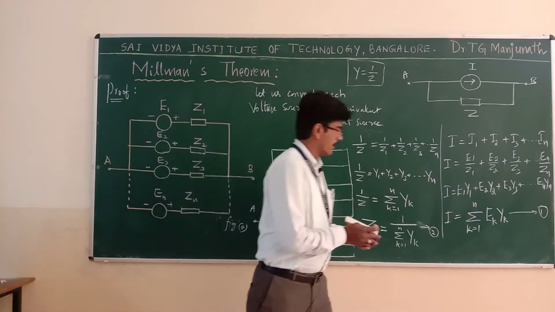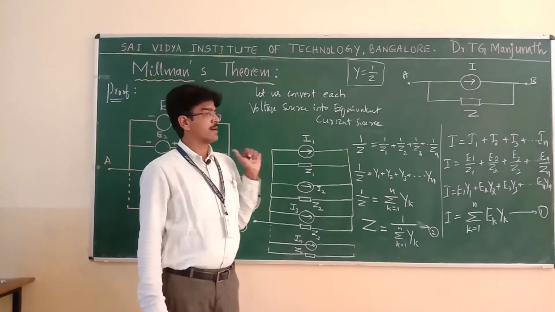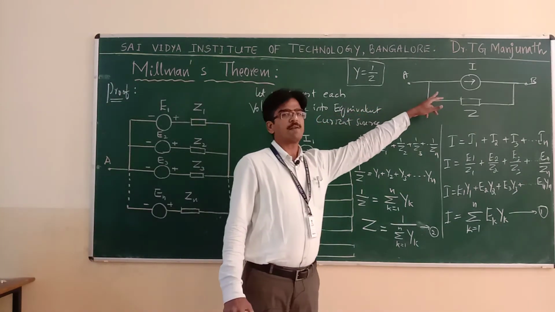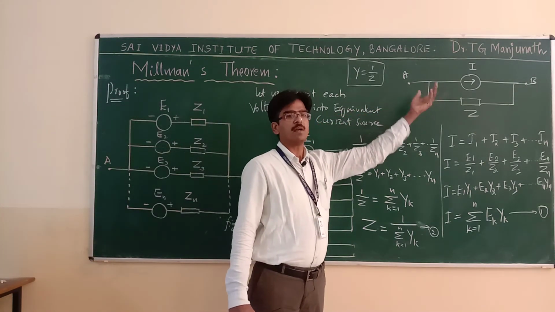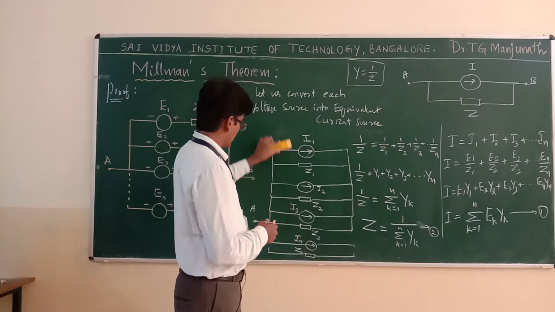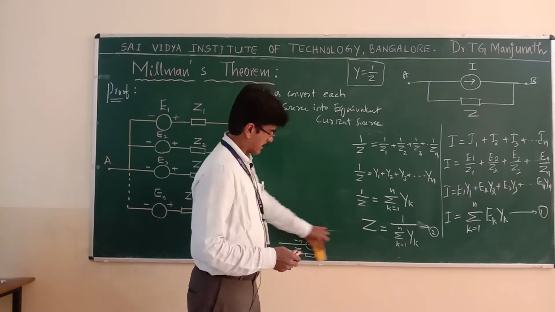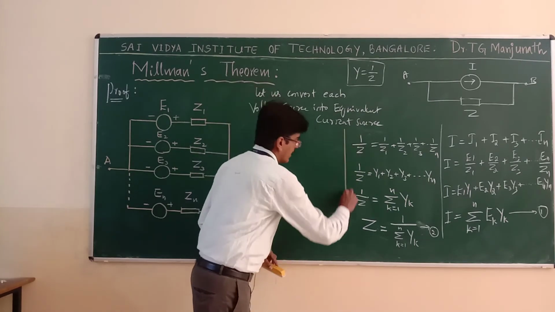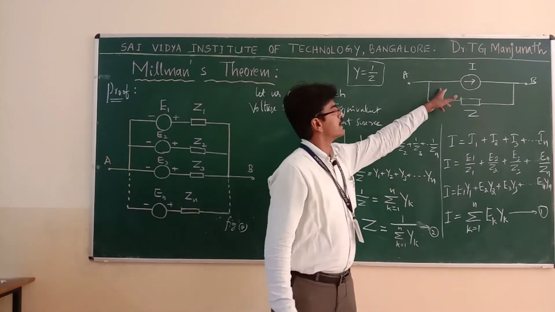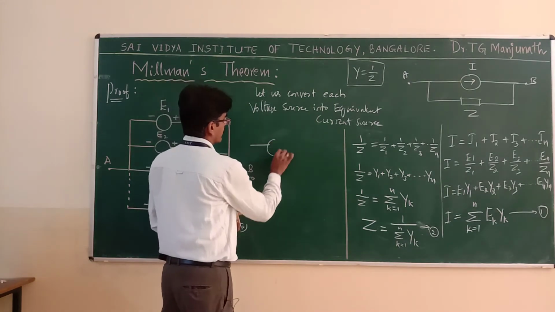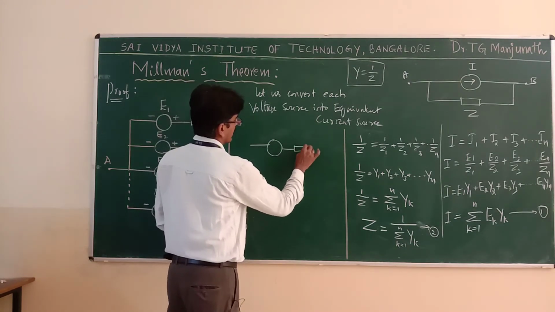Now I have the value of I and the value of Z. Finally, I want to convert this into a voltage source. Therefore I will convert this current source into an equivalent voltage source. All of you observe here. A voltage source in series with an impedance.